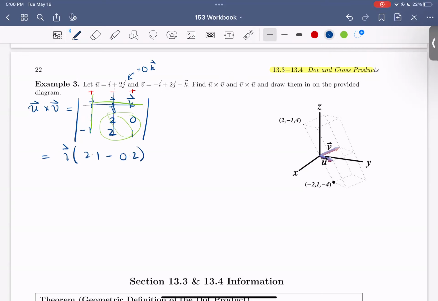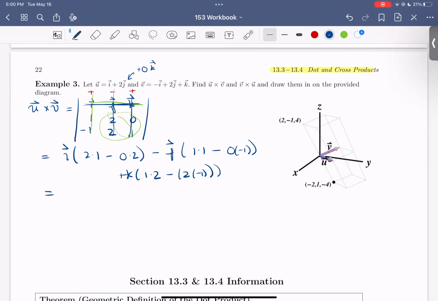And looking at that next row and column, so now we have minus j times 1 times 1 minus 0 times -1. And then plus, crossing out that first row and last column, now we get 1 times 2 minus 2 times -1. And that is the k component.